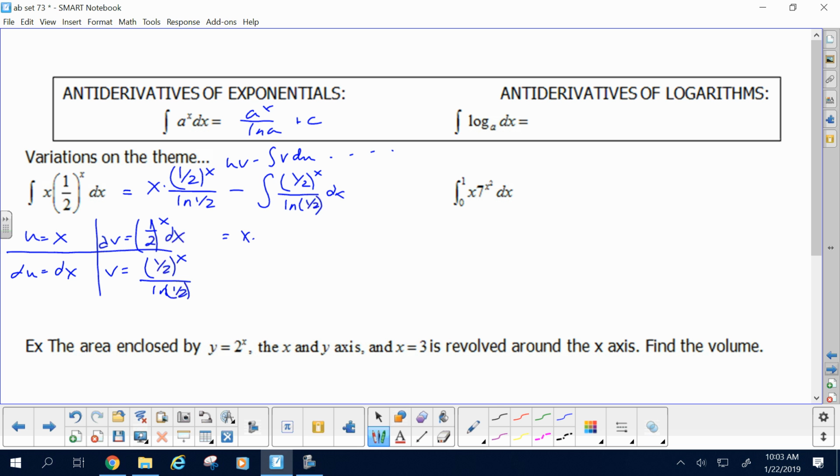So the first part, we'll leave. It's done. But the second part, the 1 over log of 1/2, it can be brought out front. And then you're just anti-differentiating (1/2) to the x. So what do you get? This will go out front. Antiderivative of this, by the rule I just have, is (1/2) to the x.